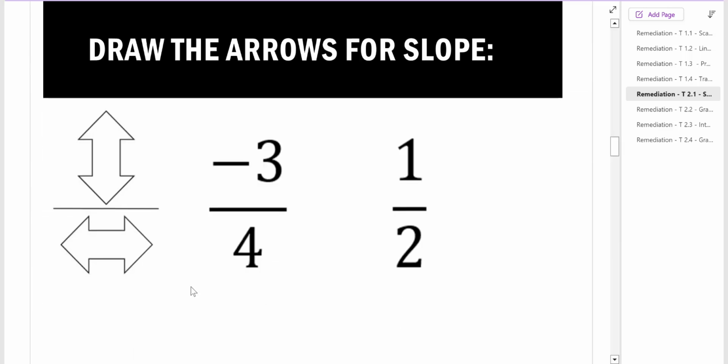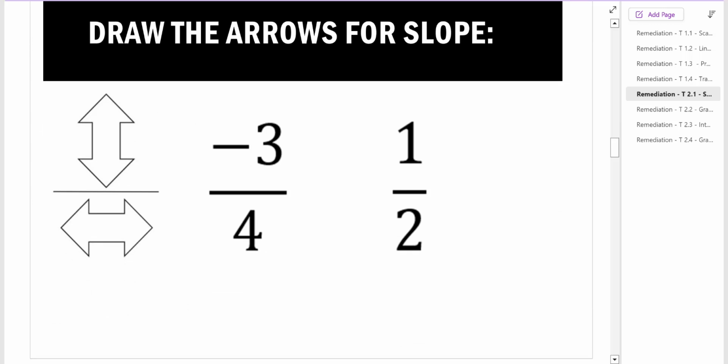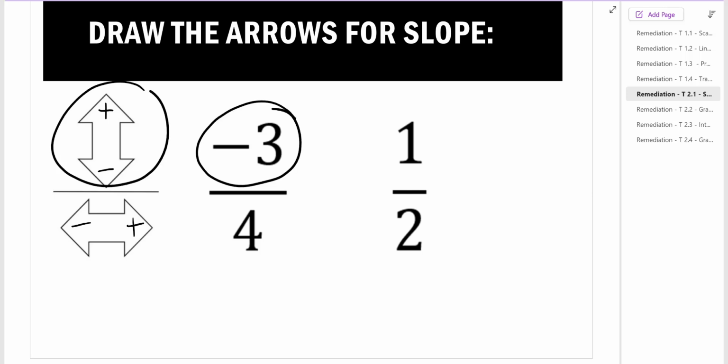All right, so now we're going to apply it. So again, up is positive, down is negative, right is positive, left is negative. Okay, so that's going to help us figure out negative 3 over 4. So negative 3, I'm using this arrow, up or down.